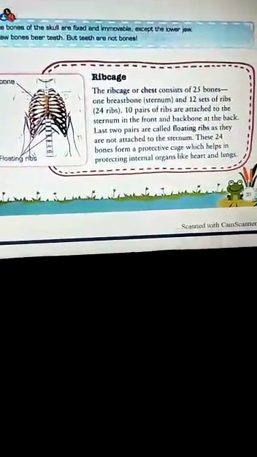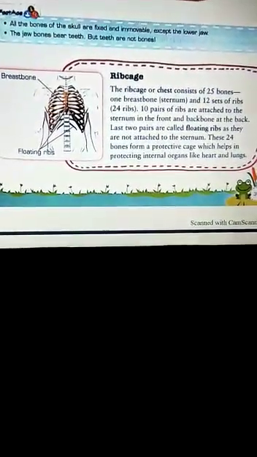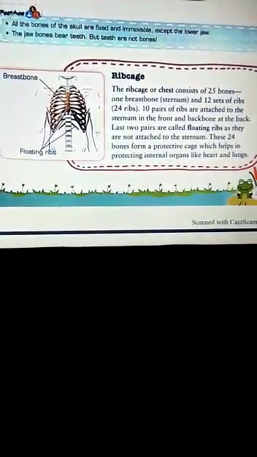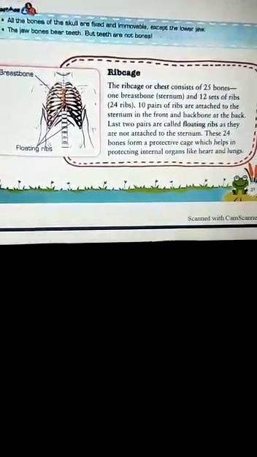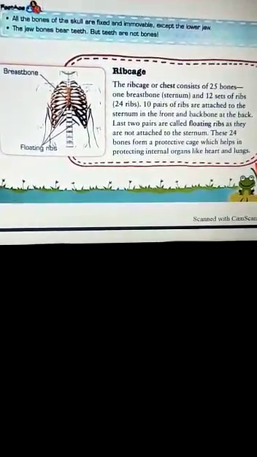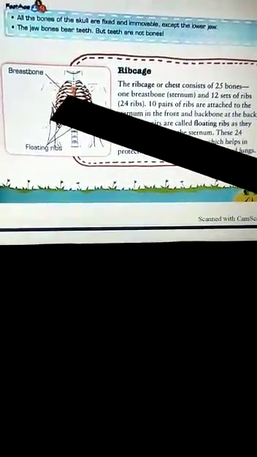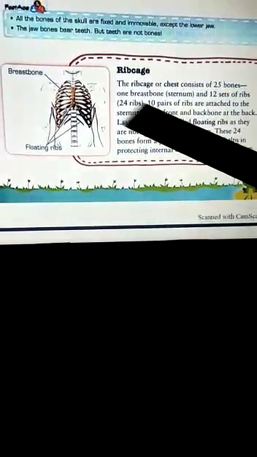So you can say that the rib cage or chest consists of 25 bones: one breastbone, the sternum, and 12 sets of ribs. There are 24 ribs and 10 pairs of ribs are attached to the sternum in the front, and to the backbone at the back.